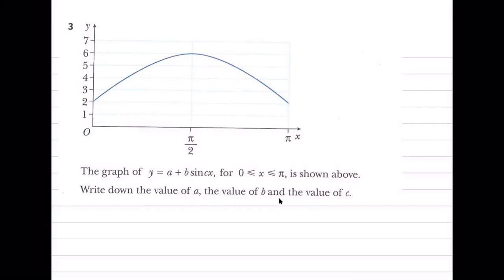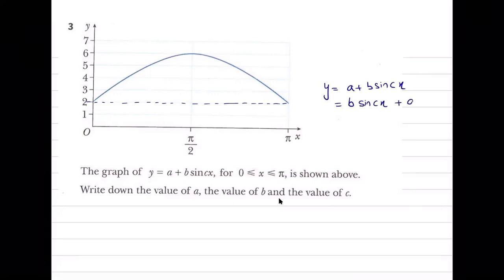Amplitude, maybe. एम्पलीट्यूड. तो एम्पलीट्यूड से पहले तो आपको ये पता होना चाहिए कि एक्सेस कहाँ बन रहा है. 2 पे बन रहा है. तो इस इक्वेशन में y इक्वल्स टू a प्लस बी साइन सी एक्स में एक्सेस कौन सा लेटर रिप्रेजेंट कर रहा है?